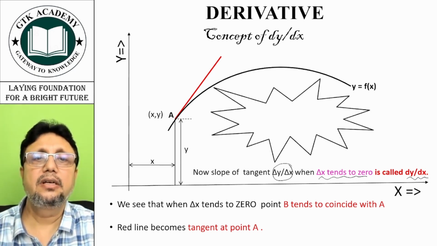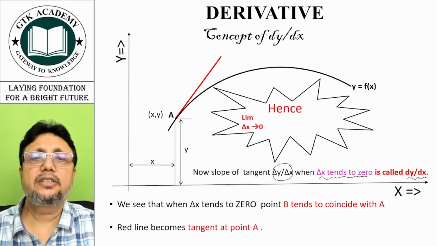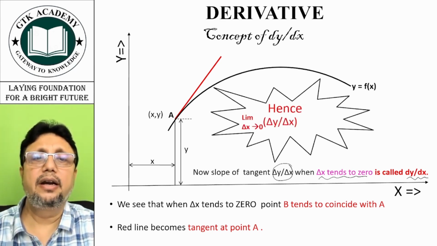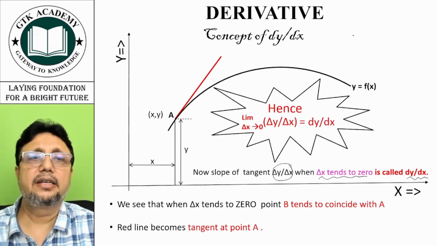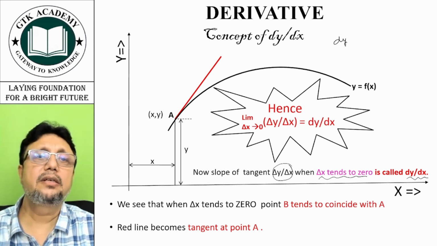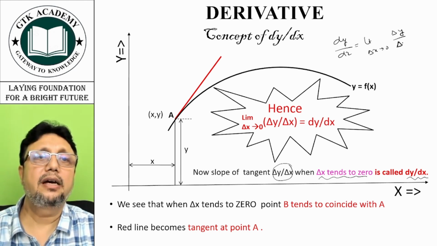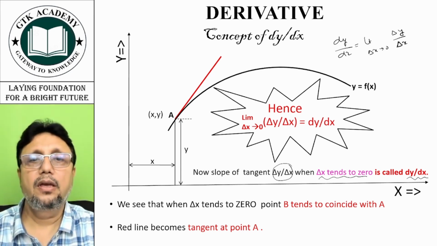That means, hence, limit delta x tending to 0, delta y by delta x is called dy by dx. Right? What is dy by dx? It is equal to limit delta x tending to 0, delta y by delta x.